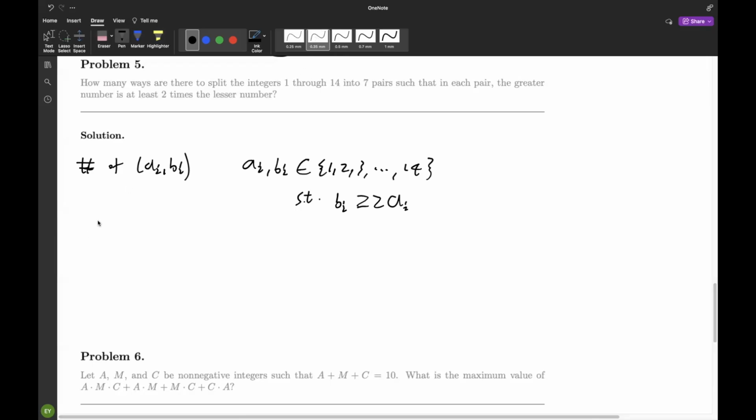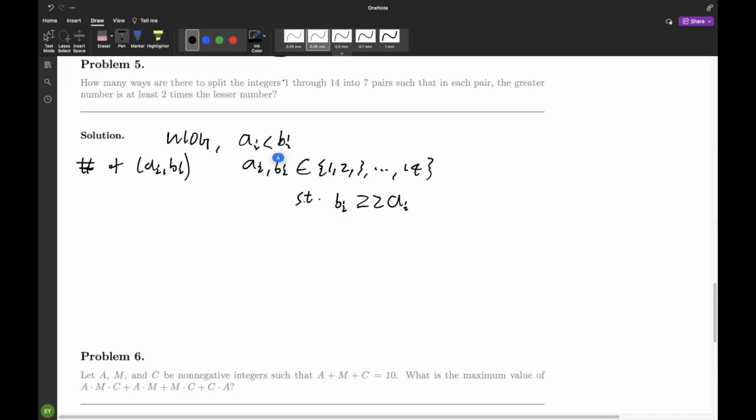Without loss of generality, let's say that a_i is less than b_i. Always, because the opposite case, when b_i is smaller than a_i, is just the same as when we count a_i smaller than b_i. You guys get it, right?